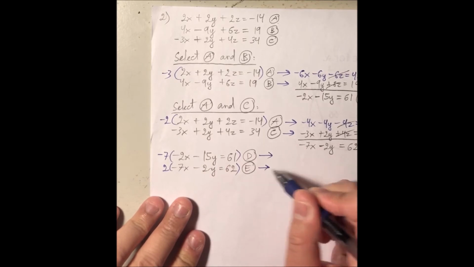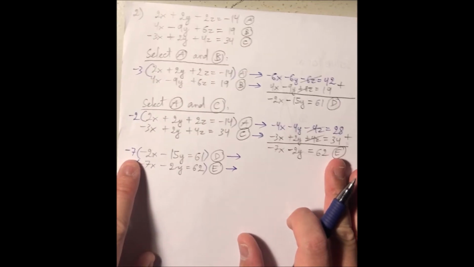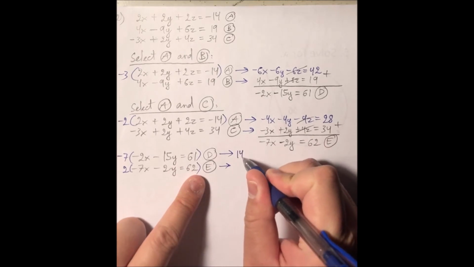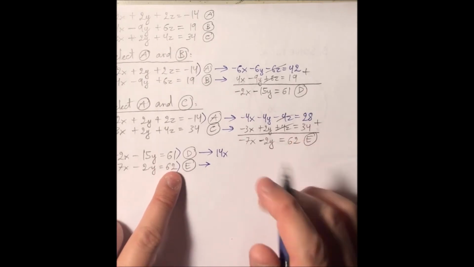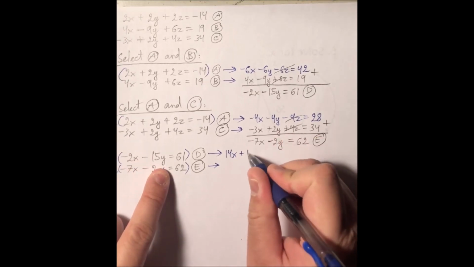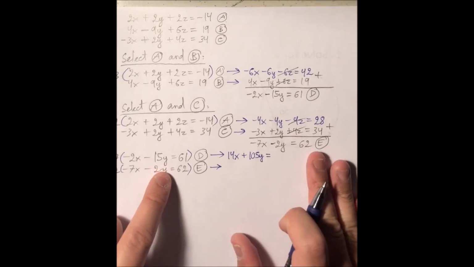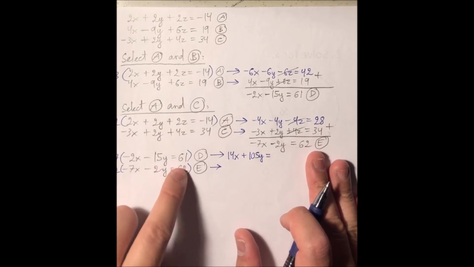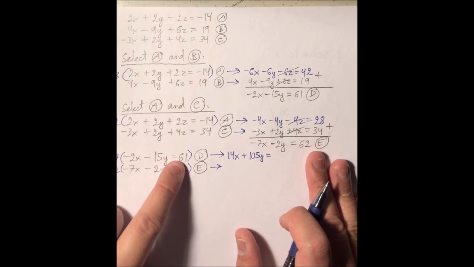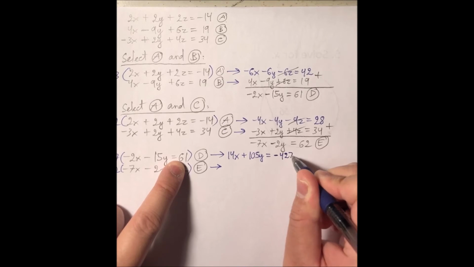So my new equation D, when I distribute the -7 to each of the terms inside the parentheses, I'm going to have 14x plus, because negative times negative is positive, 105y equals, let's see, 7 times 1 is 7, 7 times 6 is 42, so this is going to be -427.